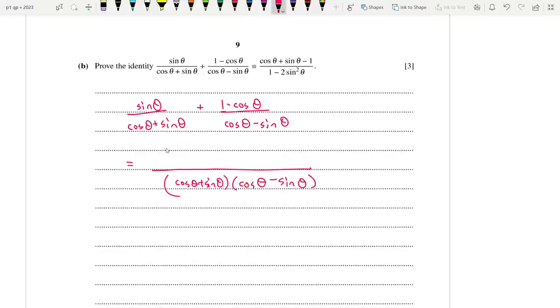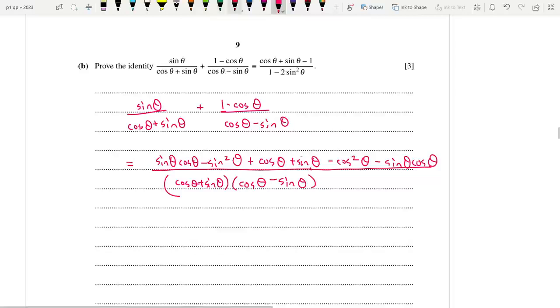Now let's begin. This sin theta on the top must be multiplied with these, so we end up with sin theta cos theta minus sin square theta. On the other hand, 1 minus cos theta must be multiplied with the denominator on the left. Cos theta plus sin theta, I multiplied it with 1, then minus cos square theta minus sin theta cos theta.